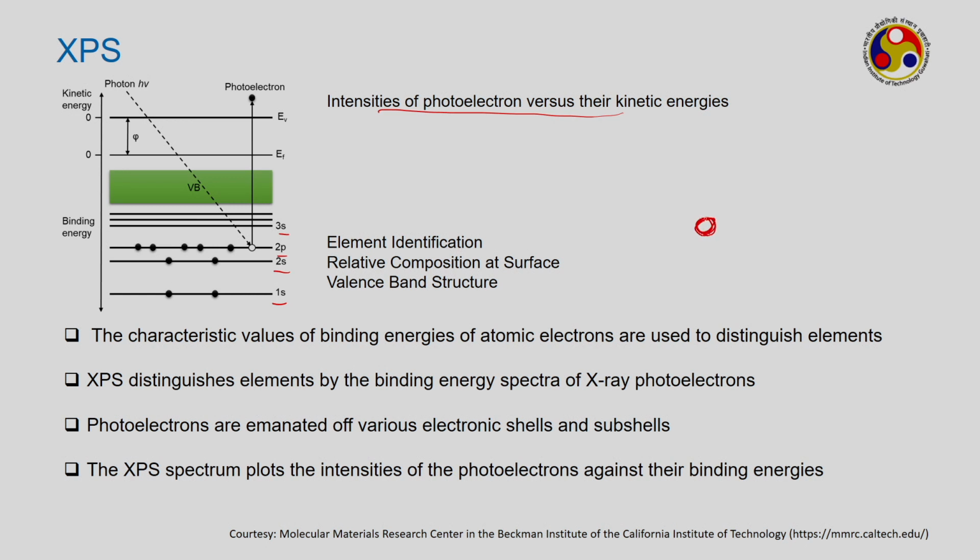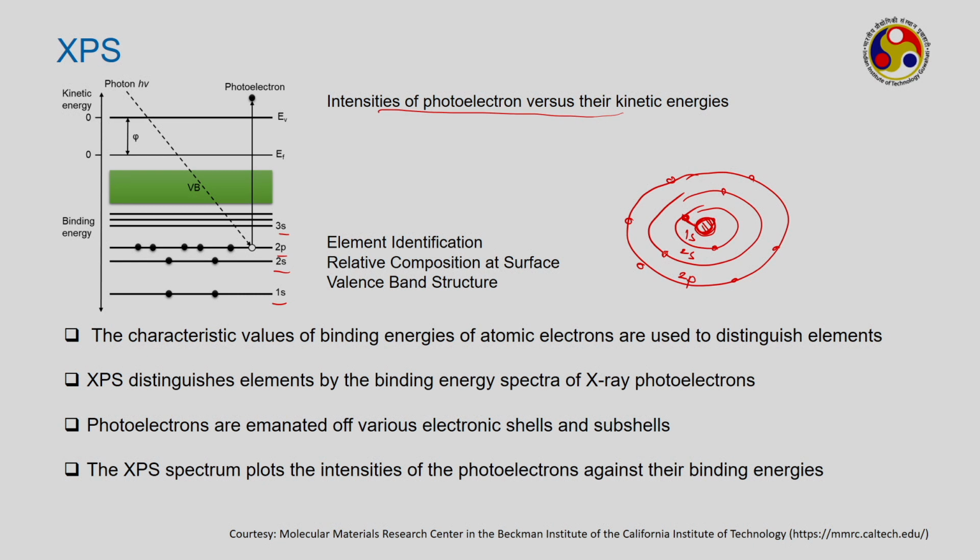Suppose this is the nucleus, with an orbit here and another orbit here. So, 1s has 2 electrons, 2s also has 2 electrons, and 2p has 6 electrons. The electrons closest to the nucleus are tightly bound, so the binding energy is the highest here.